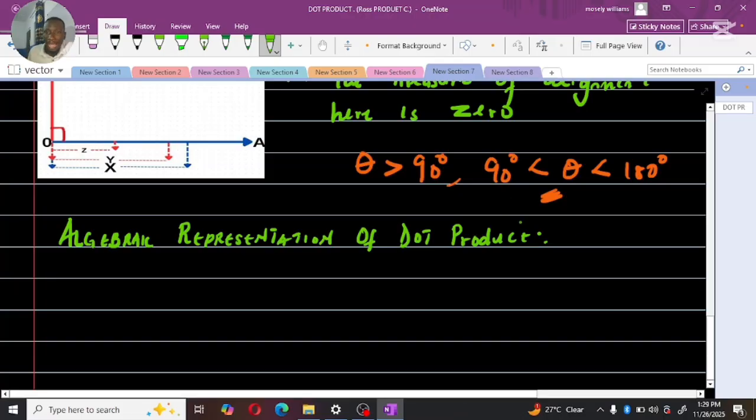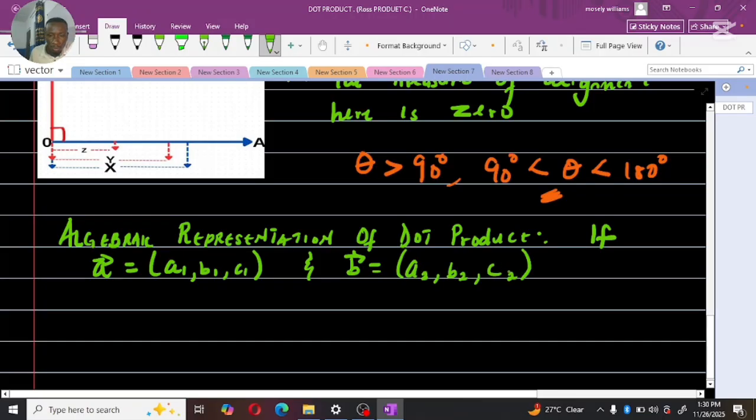We say if we have a vector A to be A1, B1 and C1, and also we have vector B to be A2, B2 and C2. So when we take the dot product of these two, what do we have?